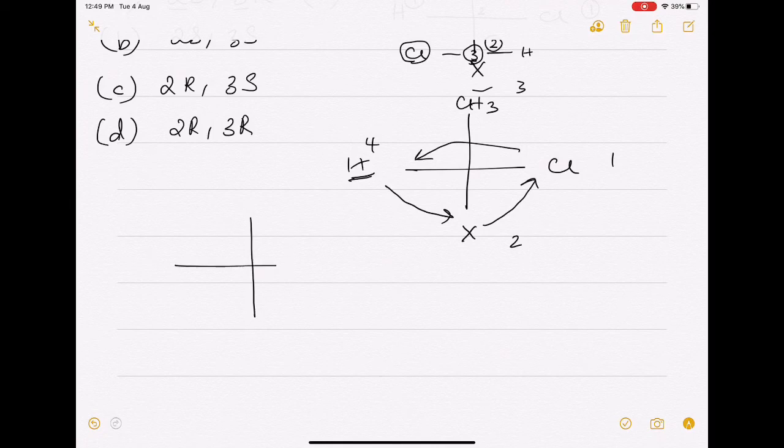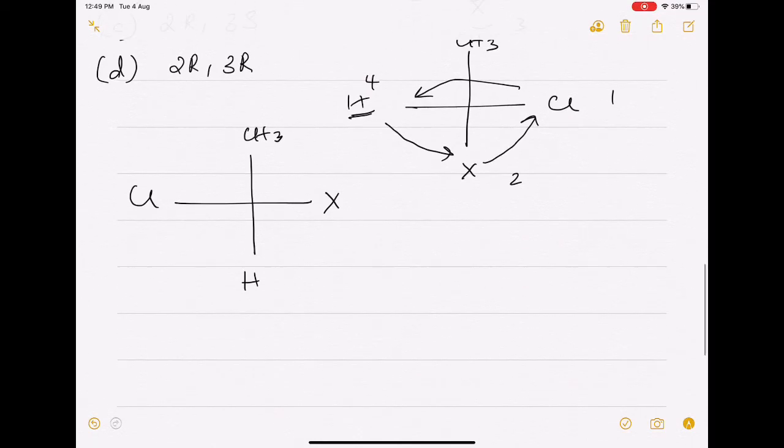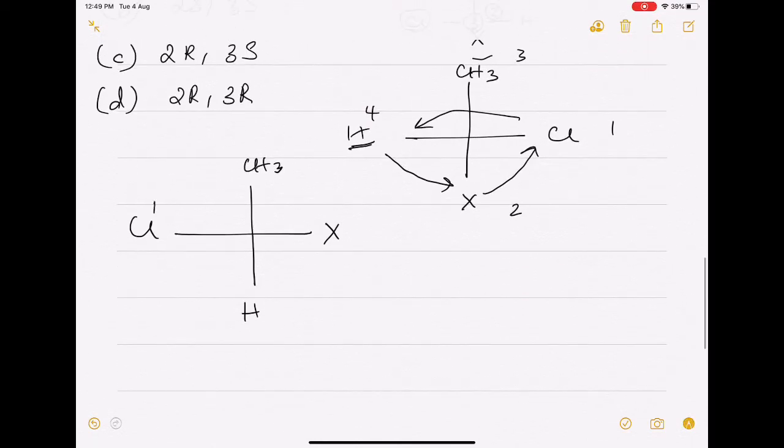The new rearranged molecule will be like this: X, H, Cl, CH3. 1, 2, 3. Now we cut this out, and look at it. It's moving this way, so that means it's S configuration. So now we know 2 is S.